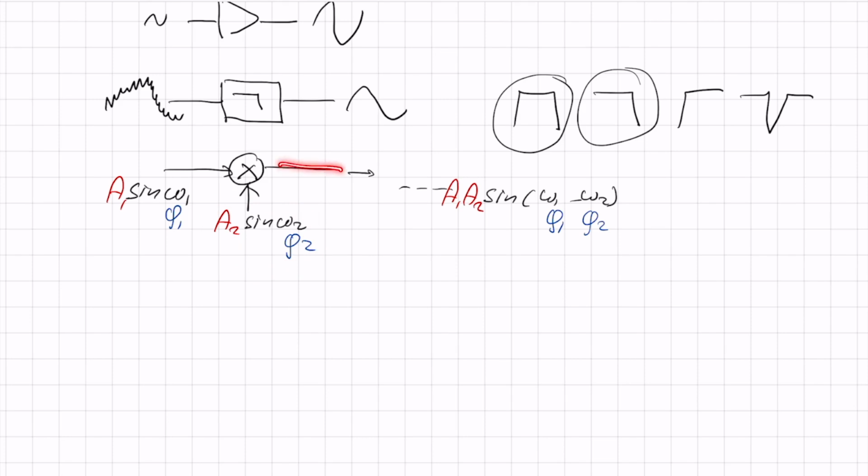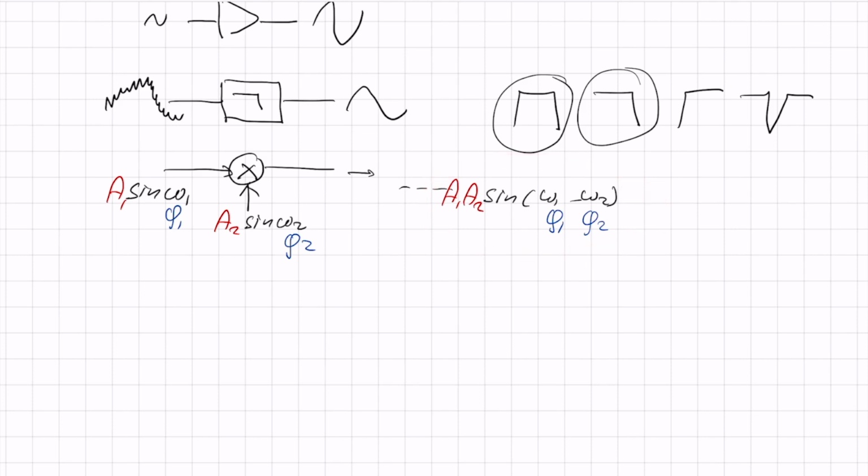Then the outcome is some signals, but one of the terms that comes out is the frequency difference. And the amplitude of the signal is proportional to the input amplitude, and the phase is also proportional to the phase of the input. So I can basically keep my amplitude modulation and phase modulation intact, and I can bring it to a lower frequency.